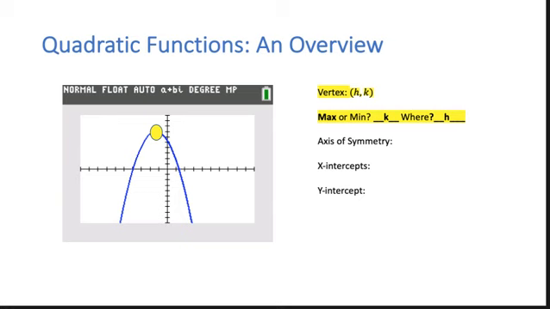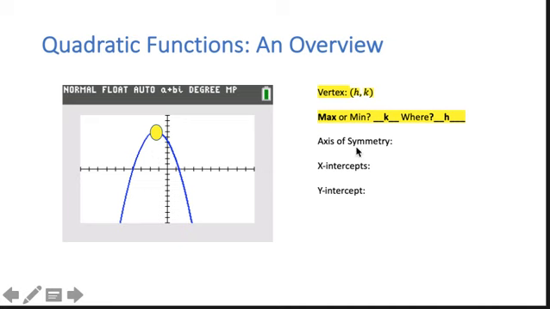The next thing we want to talk about is that axis of symmetry. You know from previous screencasts that symmetry is all about that. Like think of a fold. If we could fold this graph so that one side would match the other, where would that folded line be? Well, the folded line is going to go right through the vertex.